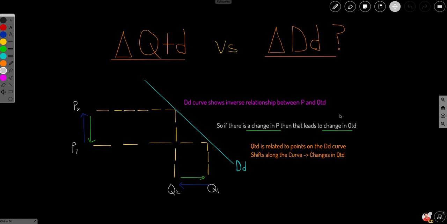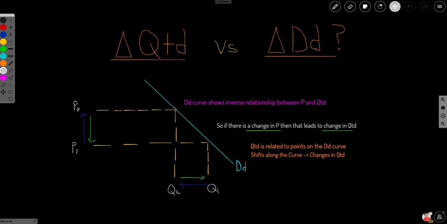Notice I've been using the words quantity demanded, and that is what is illustrated by the demand curve. Quantity demanded is related to points on the demand curve.